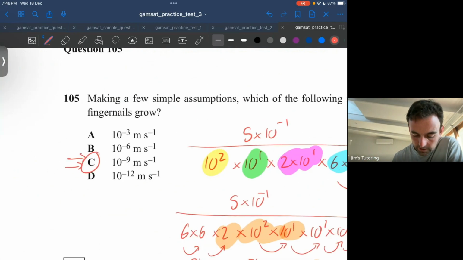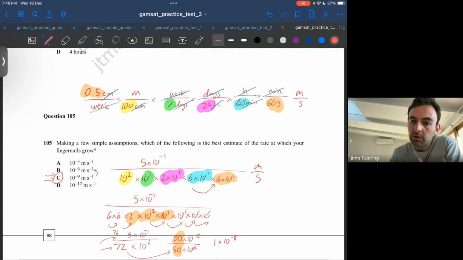But it'd be very hard to get another 10 away, if that makes sense. So as long as your estimate at the start is relatively reasonable, which I think 0.5 centimetre is, you're never going to get the wrong answer, if that makes sense.